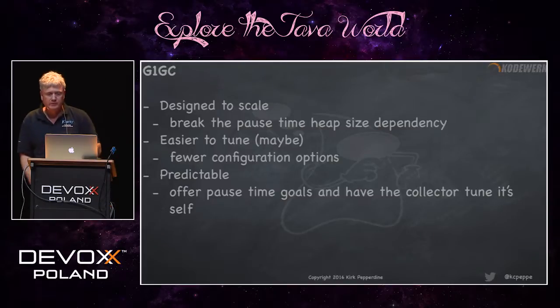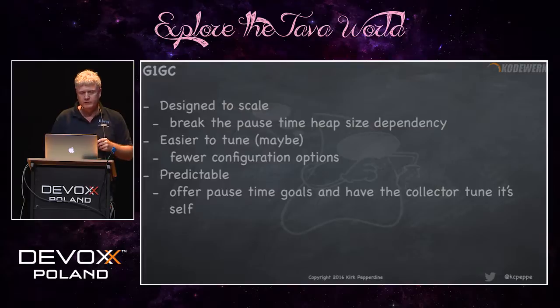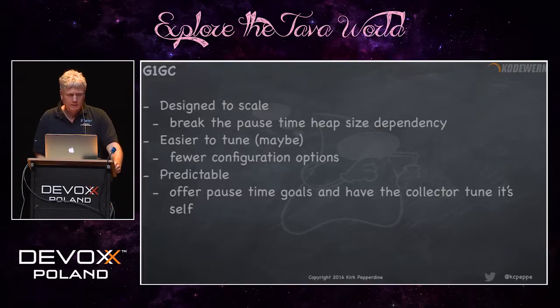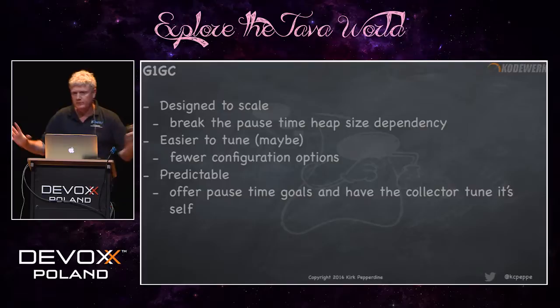Supposedly it's easier to tune, although it's taken me 2 years to figure out how to tune it, and I'm not sure I know many other people that actually know how to tune it yet. Hopefully it comes out of the box and it just works, and if that happens, and that has happened, then life is really, really good.